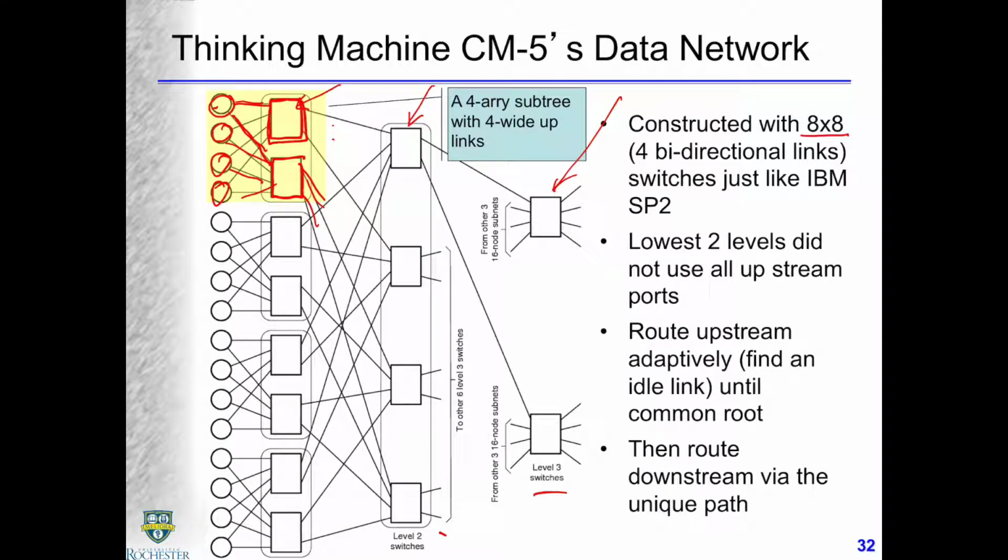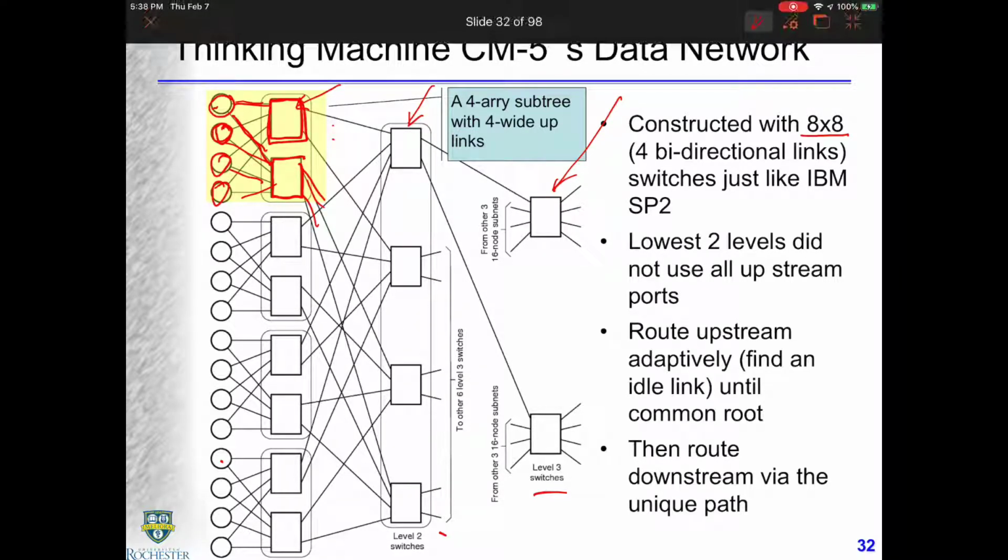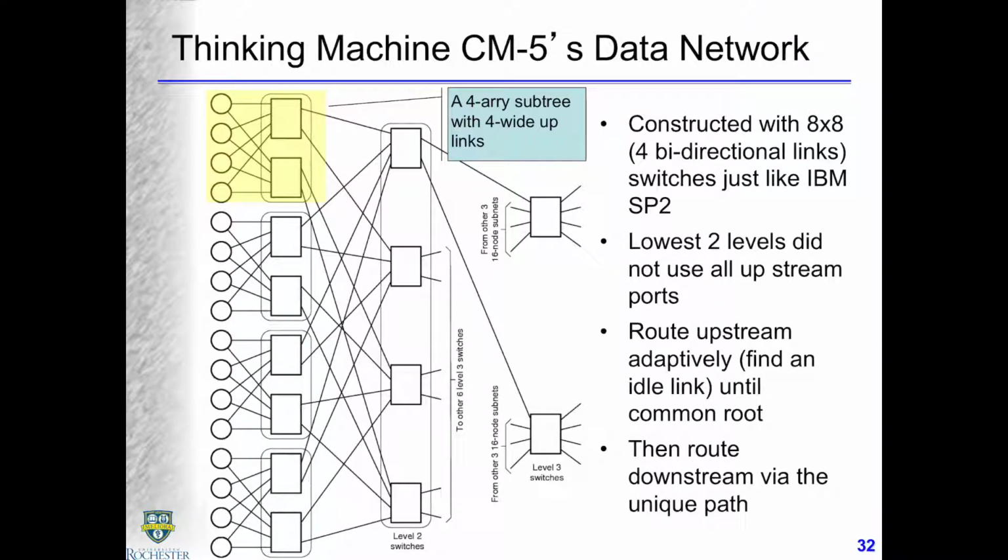So you know who you are, you know who the destination is, and therefore you know the least common ancestor or the least common root. If it is this node over here wanting to connect to that node, your common root is this one over here.